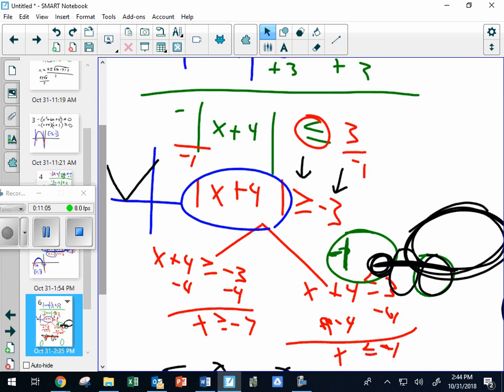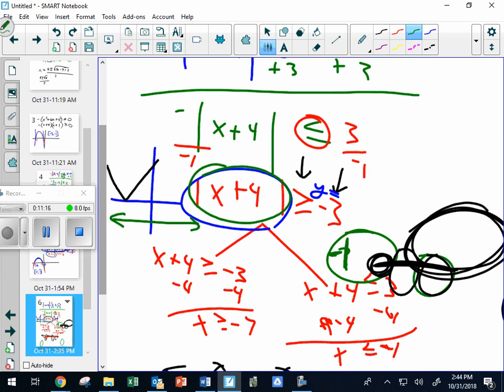Then I have the line y equals negative 3, and that runs like this. The question is, when is the absolute value bigger than or equal to negative 3? Well, it'll never equal negative 3 because these never touch. But this is always bigger than this line here. So the answer is all real numbers.